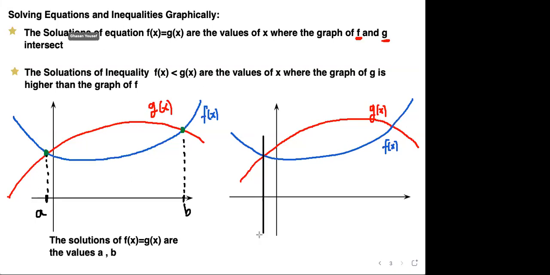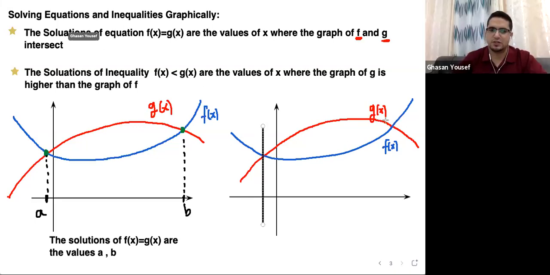So the solution set for an inequality is always an interval, but the solution for an equation is always a point. So here is the interval. The answer will be an open interval.